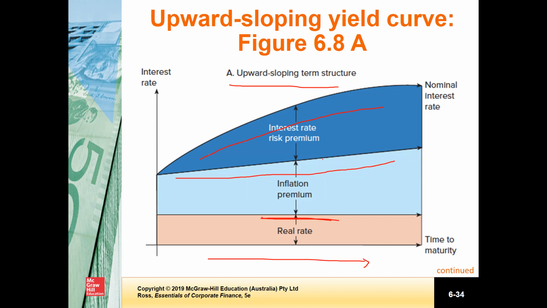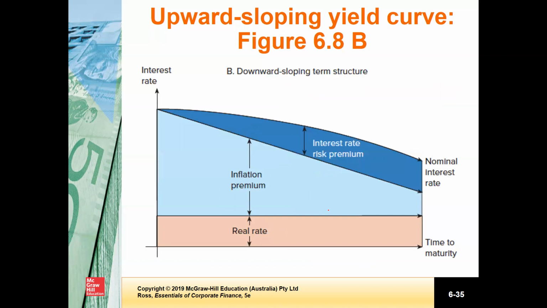So you can see that the combined effect of the upward sloping yield curve is contributed by the increasing interest rate risk premium, increasing expected inflation premium, and very, very minimally the effect of the real rate of return. A similar explanation applies when it's a downward sloping yield curve or downward sloping term structure.